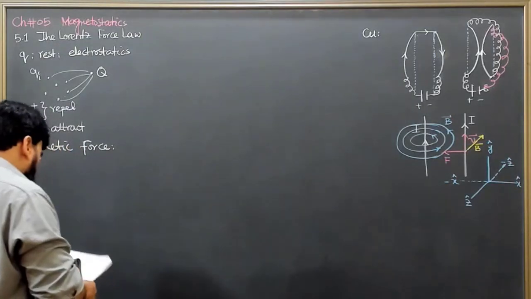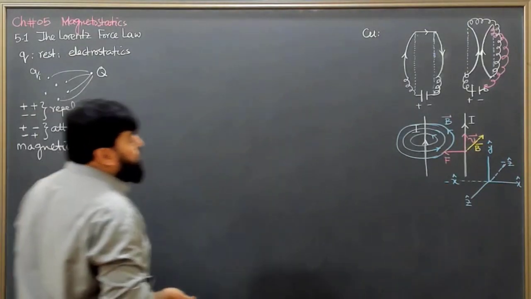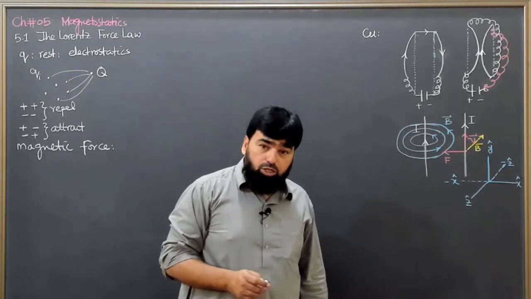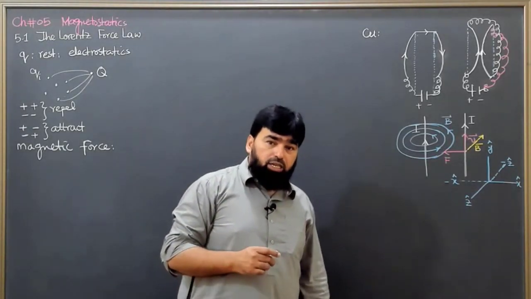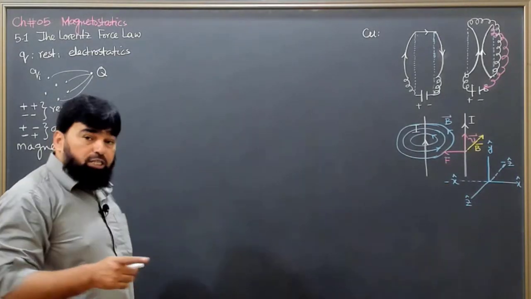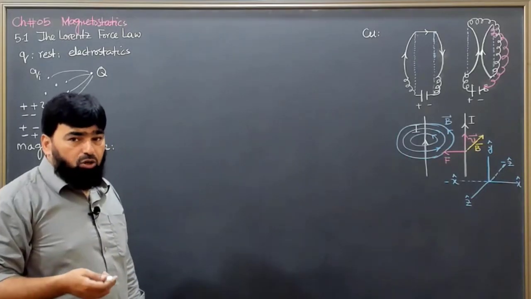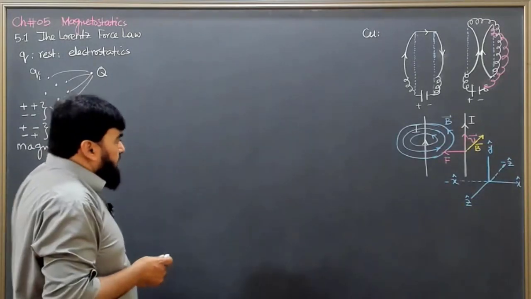So let's consider that we want to calculate the force. The first thing is the magnitude of this force, and then the direction of this force, what it will be.